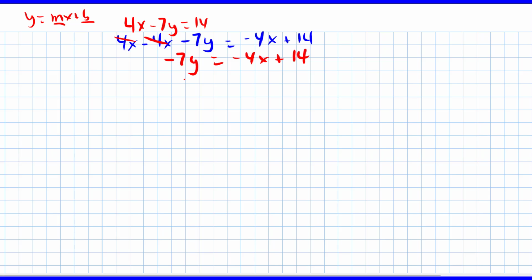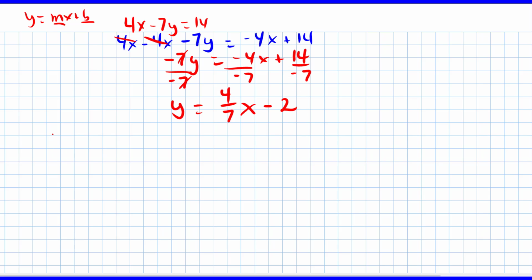All right, so I'm going to divide both sides by, you got it, negative 7, right? And negative 7. All right, so we've got y, because these go away, equals positive 4/7 x. And then 14 divided by negative 7 is negative 2, so I'm going to say minus 2, right? So negative 7 goes into 14 two times, but it's a negative there, so it's going to be negative 2.